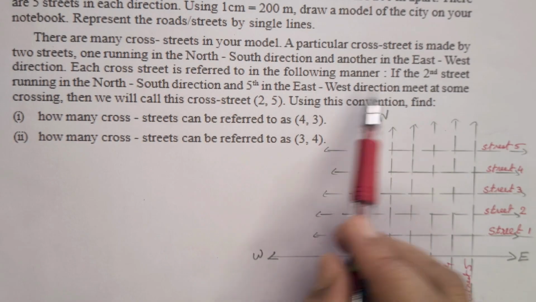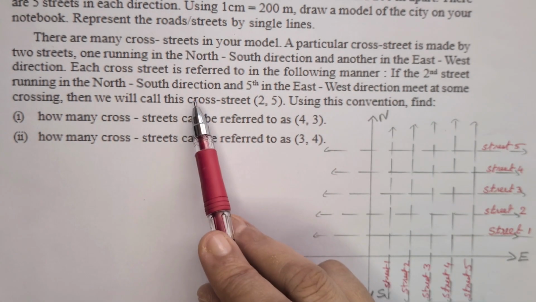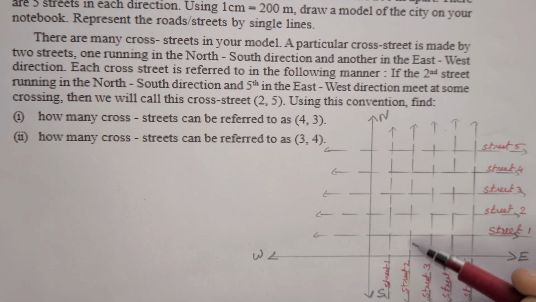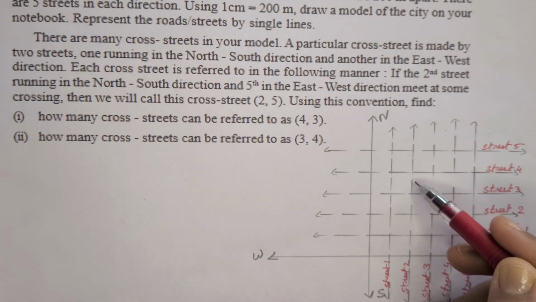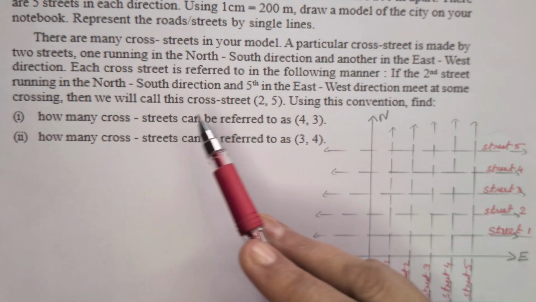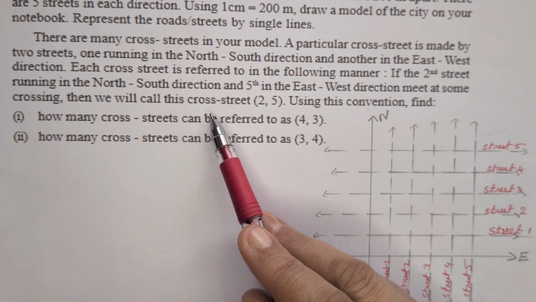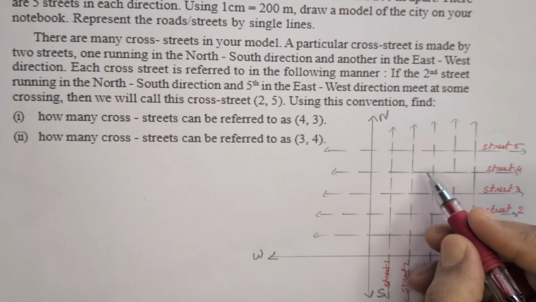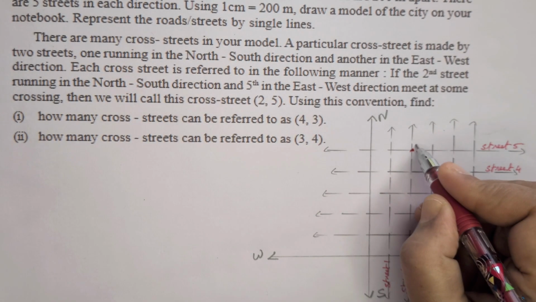Now they are saying that if the second street running in the north-south direction, this one, and the fifth in the east-west direction meet at some crossing, we will call this cross street (2, 5). Second street and the fifth street, this one. That is (2, 5).